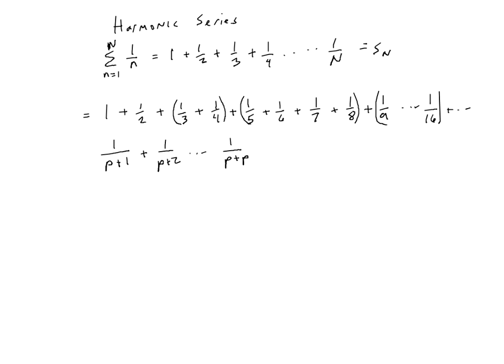For the first one, p is equal to 2, so we have 1/3 plus 1/4. For the next one, p is equal to 4, so we have 1/5, 1/6, 1/7, and 1/8, and so on.